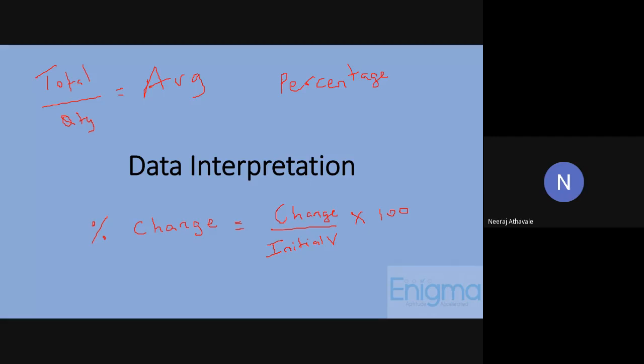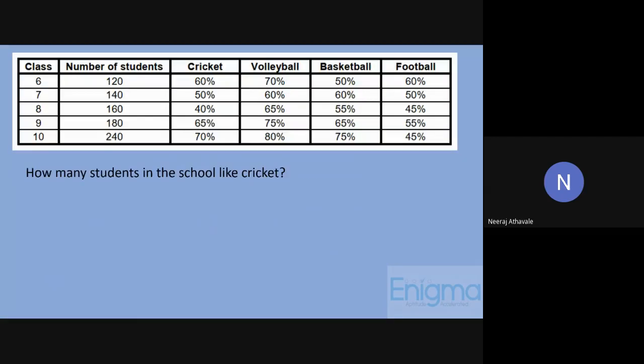Okay, so let's see the first type of question in data interpretation, that is the tabular format. Solve this question.